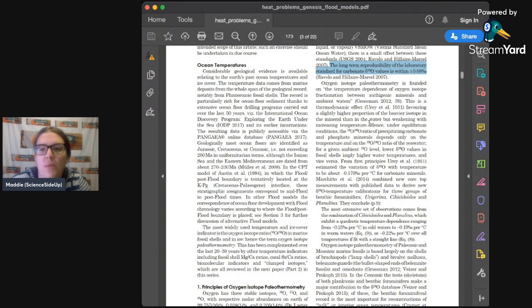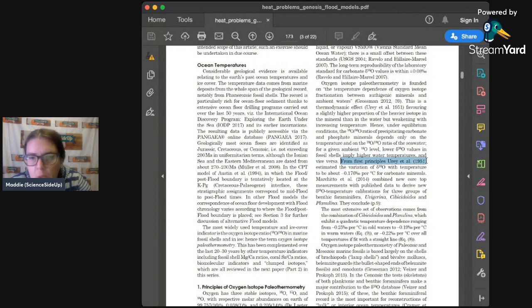Hence, under equilibrium conditions, the oxygen 18 to oxygen 16 ratio of precipitating carbonate and phosphate materials depends only on the temperature and on the oxygen 18 to oxygen 16 ratio of the seawater for a given ambient oxygen 18 level. Lower oxygen 18 values in fossil shells imply higher water temperature and vice versa.